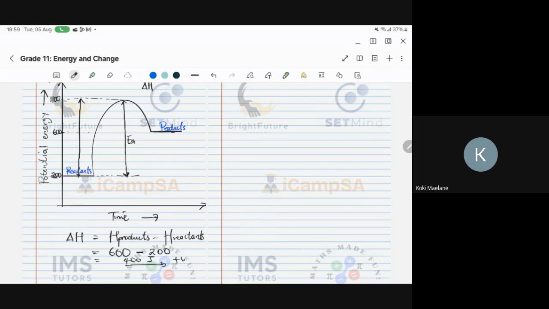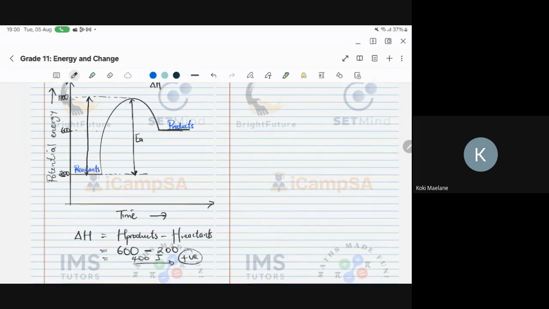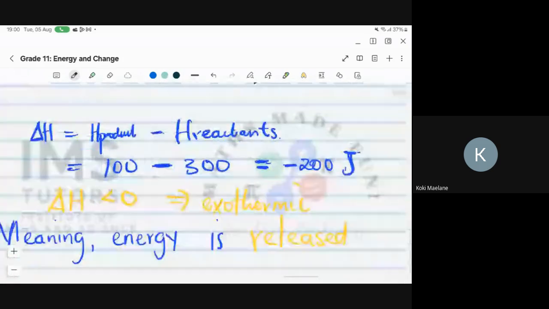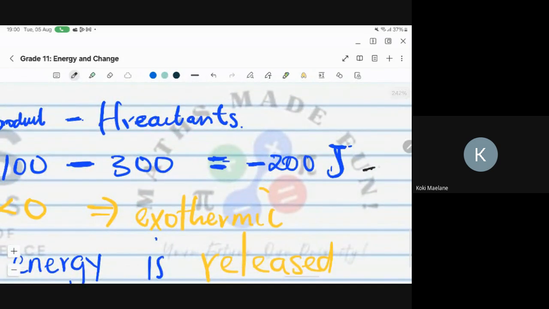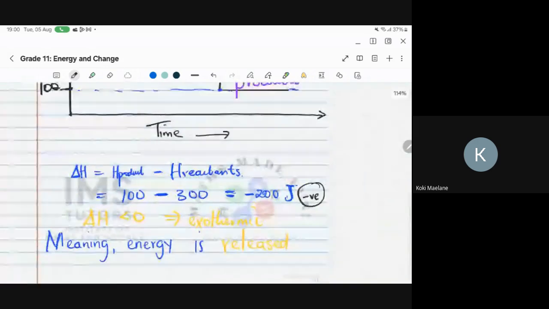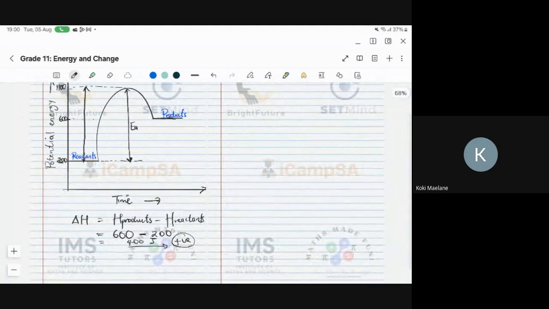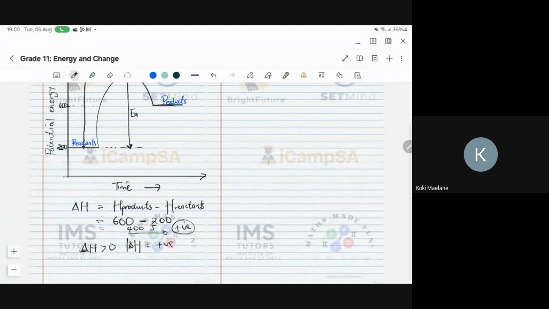Now, this is a positive value, unlike the previous one, which was a negative value. So if it's a positive value, remember what we said: if delta H is greater than 0, we are dealing with an endothermic reaction.